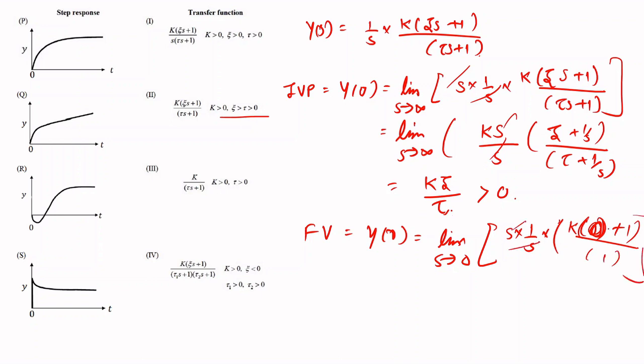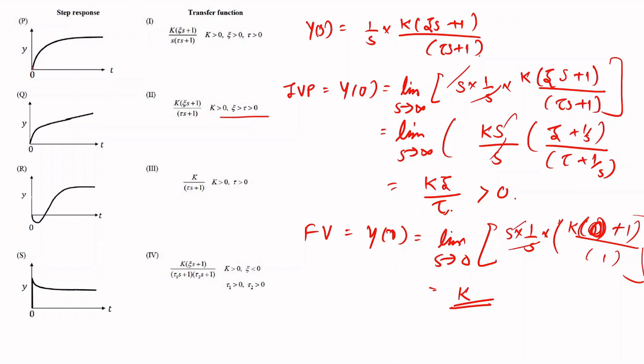This will get cancelled out. So the final value will be k, that is some constant. So the initial value is a positive value greater than 0, and the final value is also a positive value, that is greater than 0.